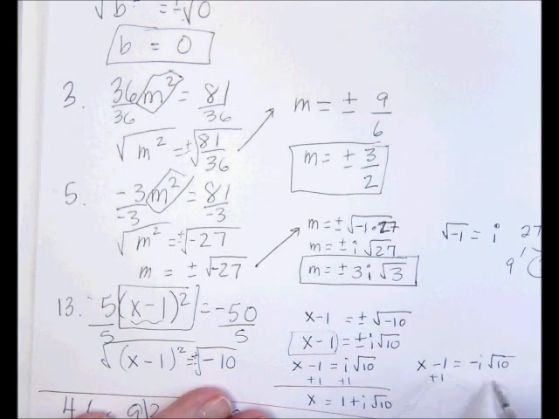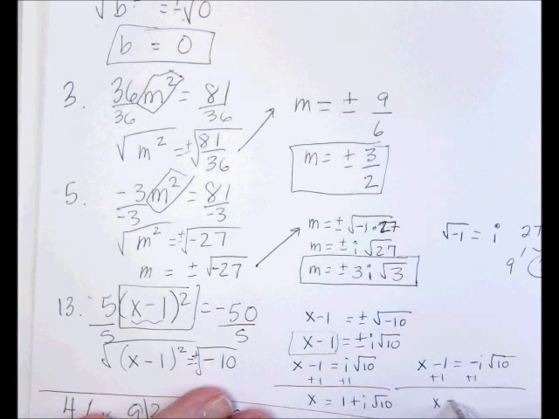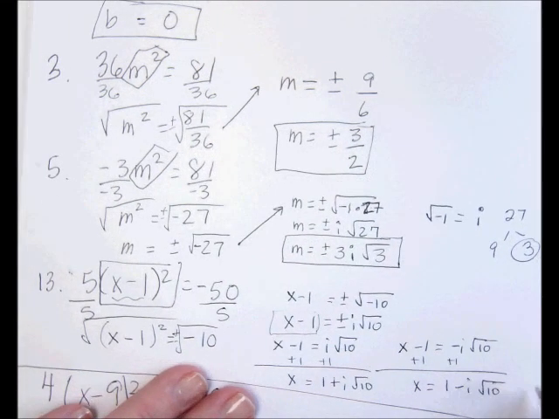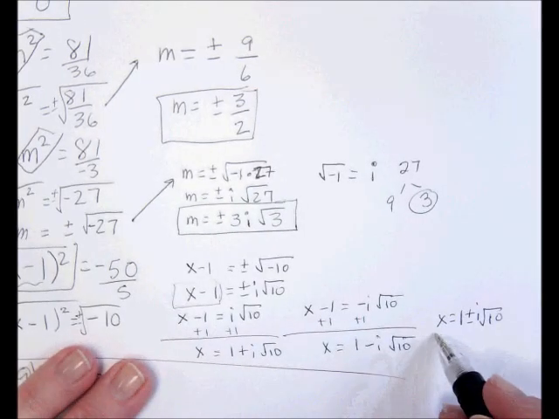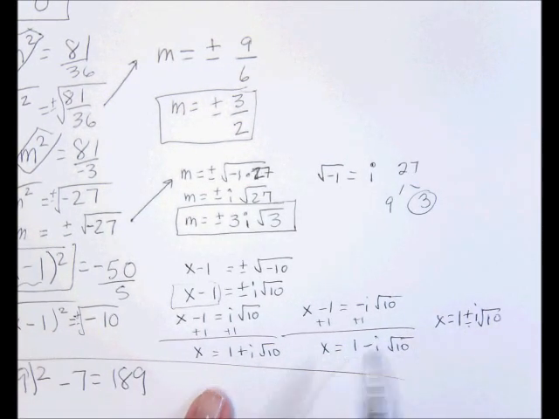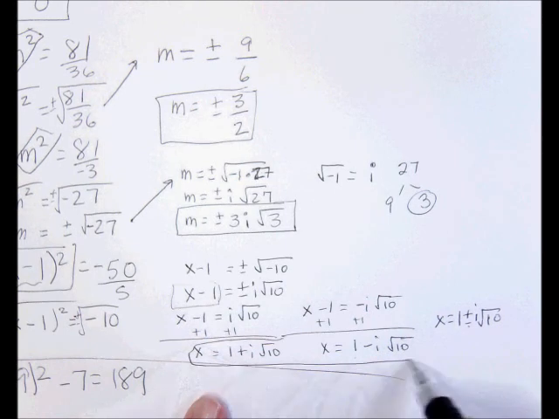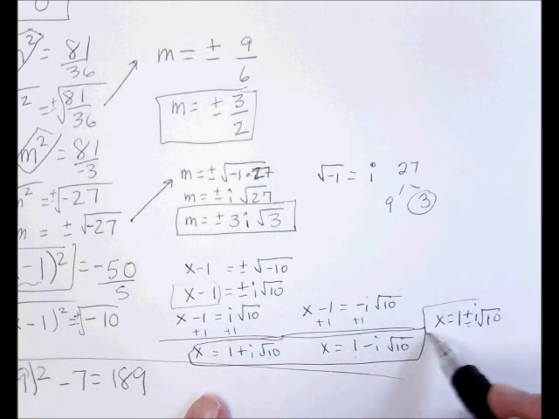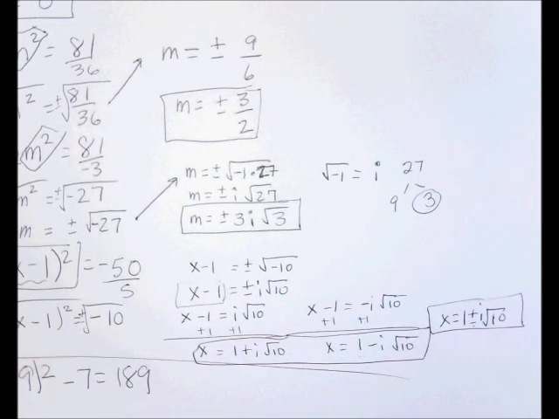And so add 1, x is equal to 1 minus i square root of 10. Now in this case, I could write it like this, so x is equal to 1 plus or minus i times the square root of 10. These two are exactly the same. This represents these two. Okay, so my answers are here, or either you can write it like this, either way.